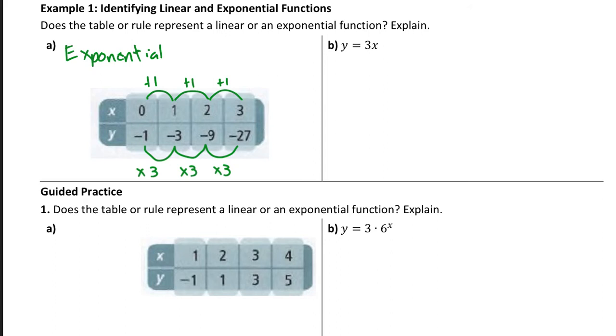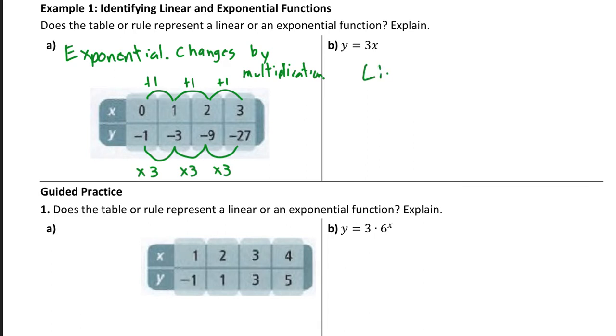In part B, the exponential function for part A changes by multiplication. So this, my handwriting's bad there, sorry about that. This function changes through multiplication. In part B, y equals 3 times x.